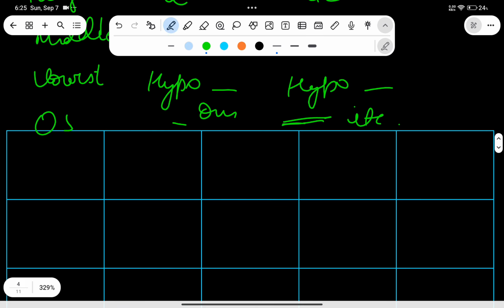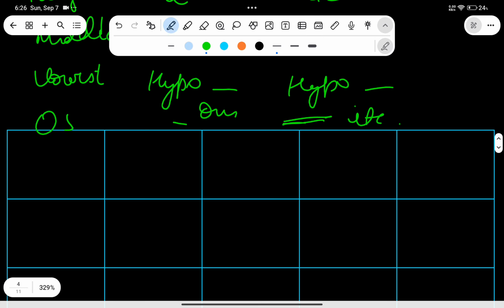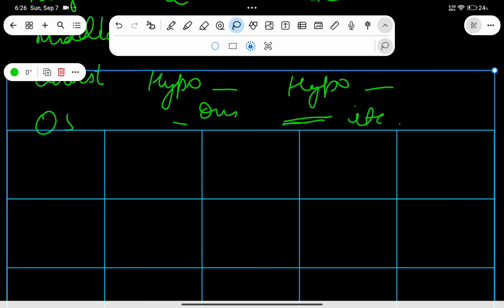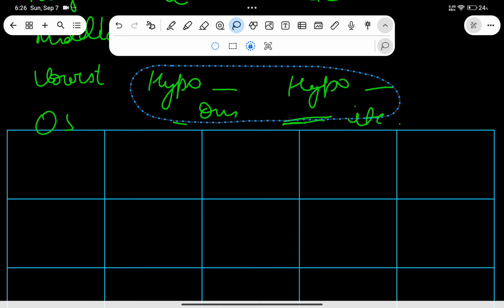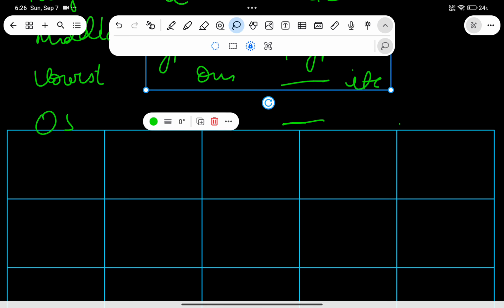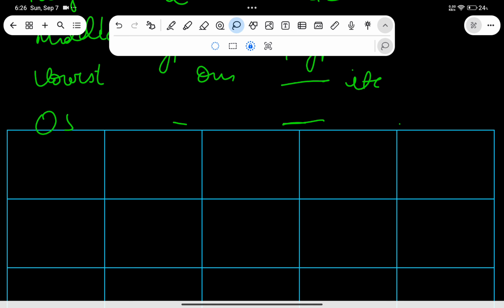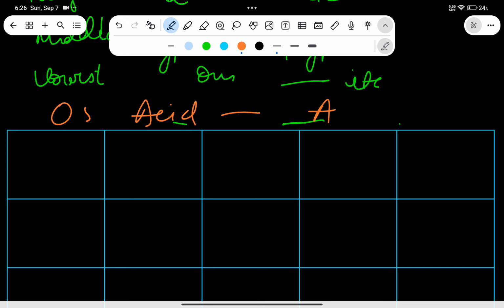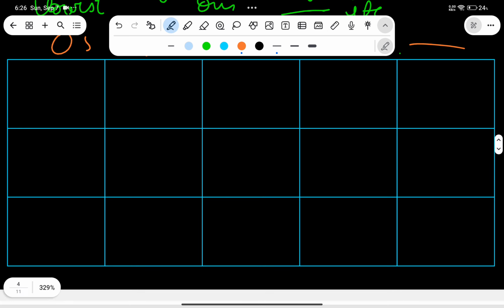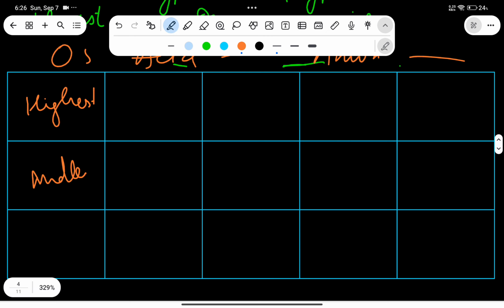So here will be the oxidation state. This will be the acid column and then the anion column. Let's start with the highest oxidation state, then we'll take the middle one, and then we'll take the lowest oxidation state.